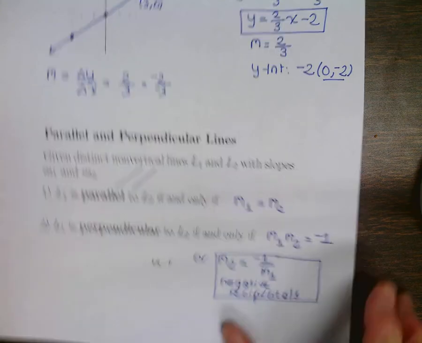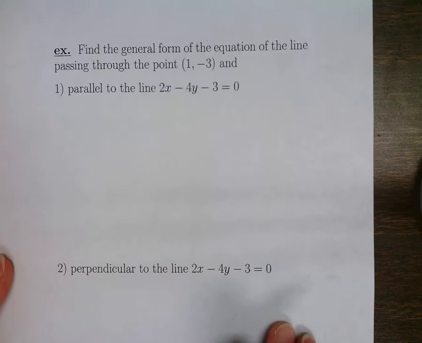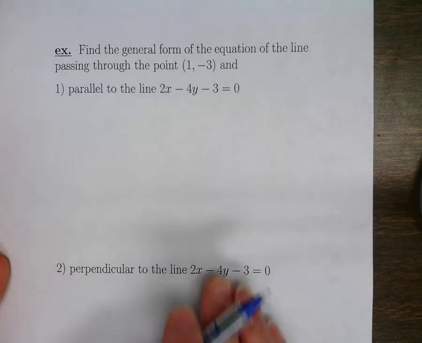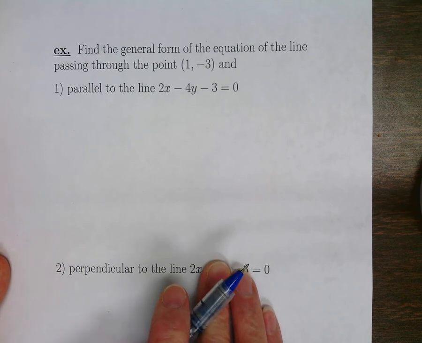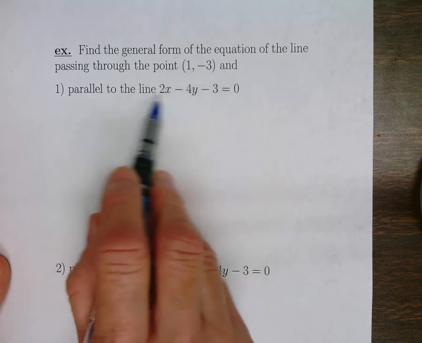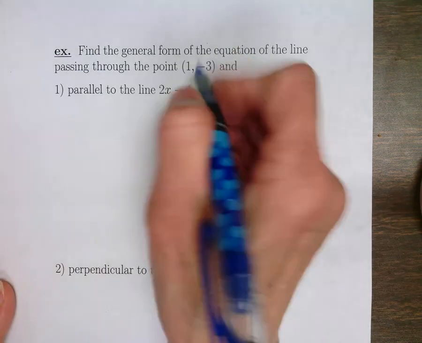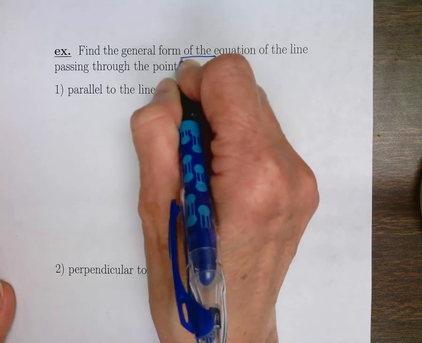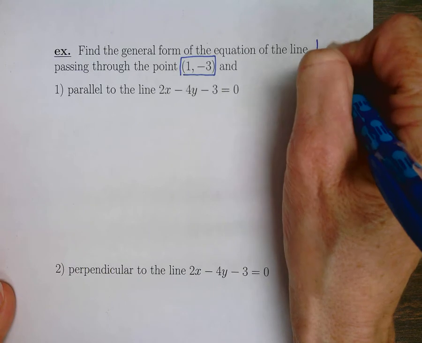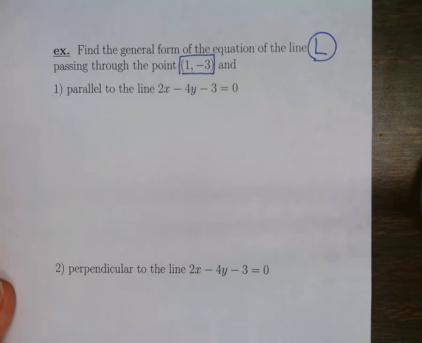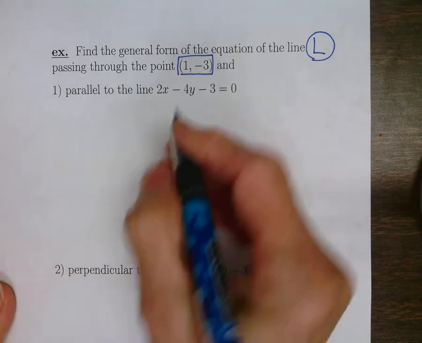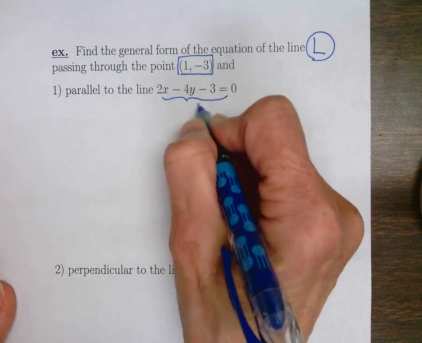Okay, let's do an example. All right, let's find the general form of the equation of the line passing through this point and parallel to a line, and perpendicular to the same line. Okay, so I know a point on my line, and let's call this line L. And this line I'm going to call L1.